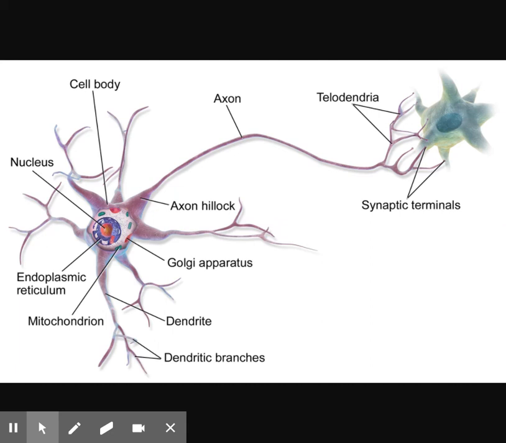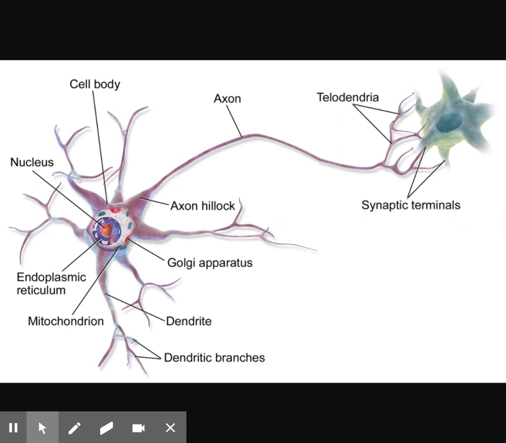The cells that make up the nervous system are called neurons. They have a very unique shape. They have a typical cell body that is much like all other cells that we have. But on the front side of that cell body, there are long branching structures called dendrites that have receptors on them.